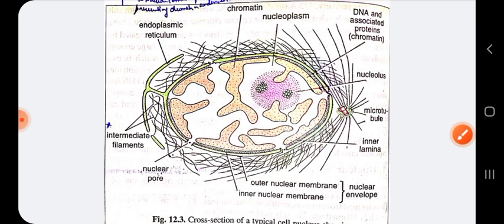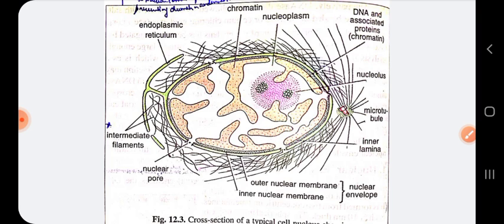Generally, the nucleus is about 5 to 10 micrometers in diameter, and it is found in multicellular organisms. Most multicellular organisms have nuclei, and it is the largest organelle found within the cell. That's why it is a noticeable structure. The smallest nuclei, approximately 1 micrometer in diameter, are found in the yeast cell.